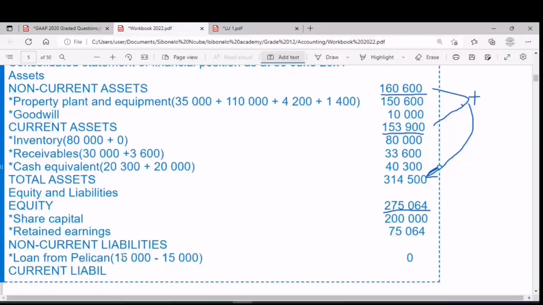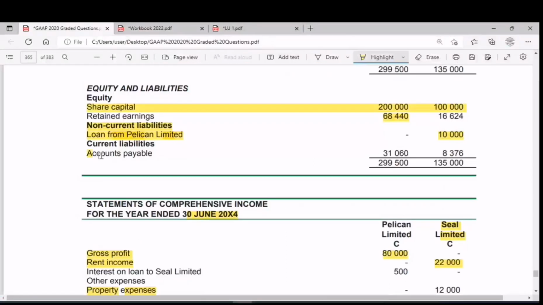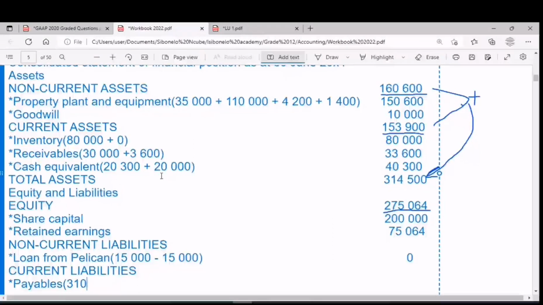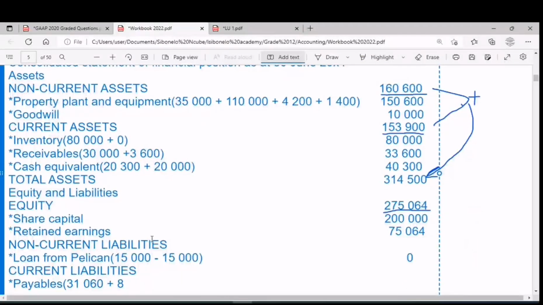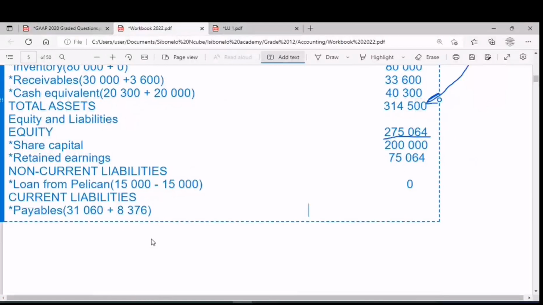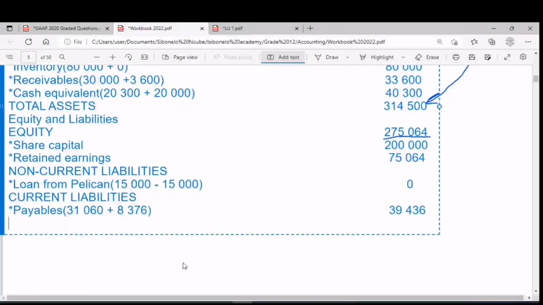Current liabilities are about payables, account payables: 31,060 plus 8,376. So the total here is 39,436.